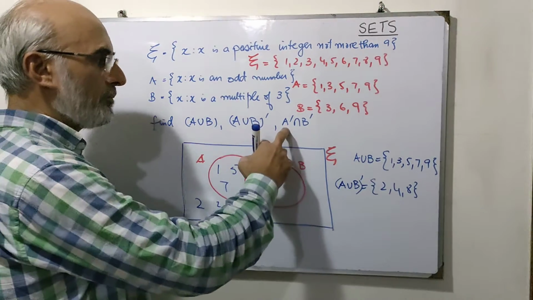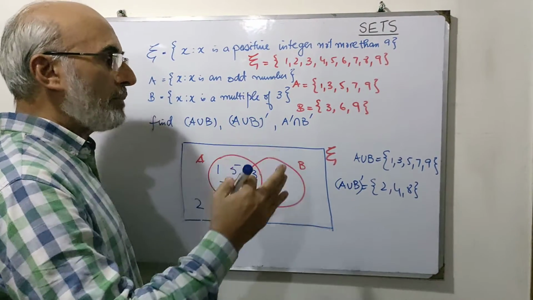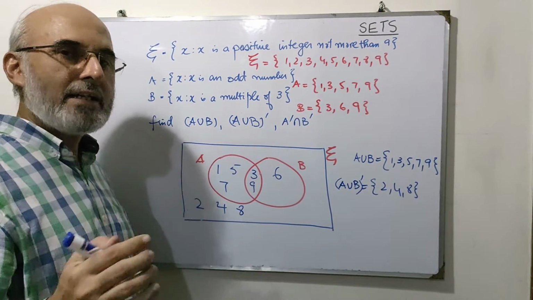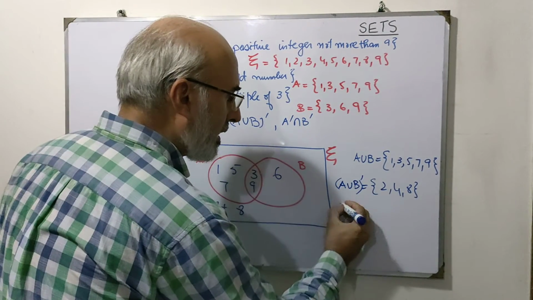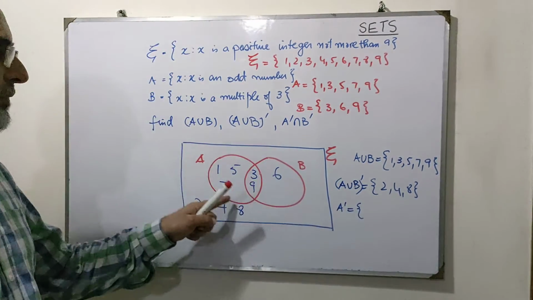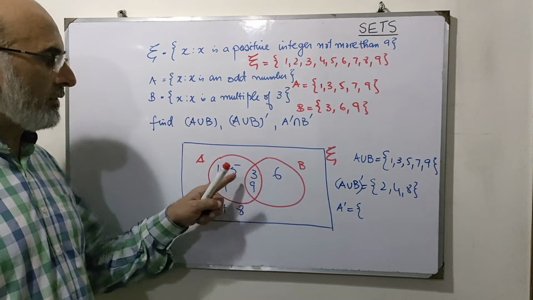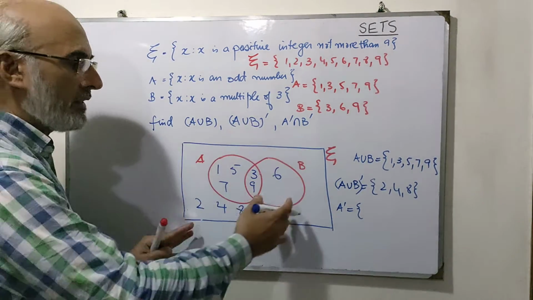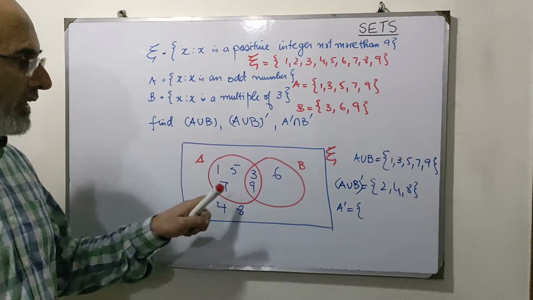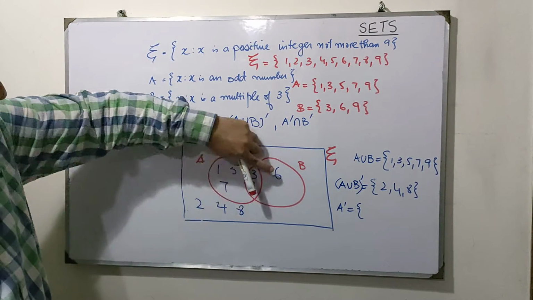Now finally I need A complement intersection B complement. For that, let's first find A complement. Removing A, I have to remove 1, 3, 5, 7, 9, and whatever is remaining comes to A complement. What is remaining after removing A? 2, 4, 6, 8, right?